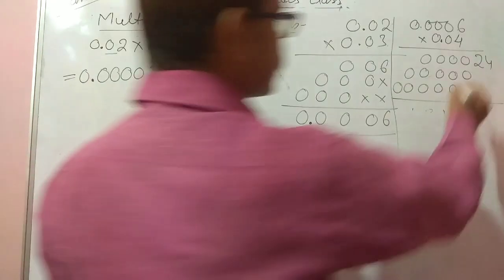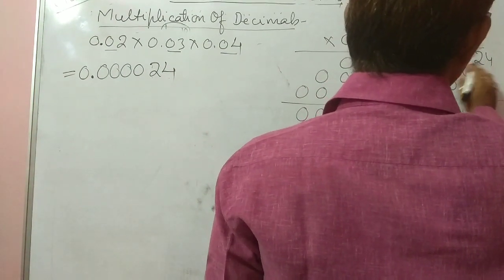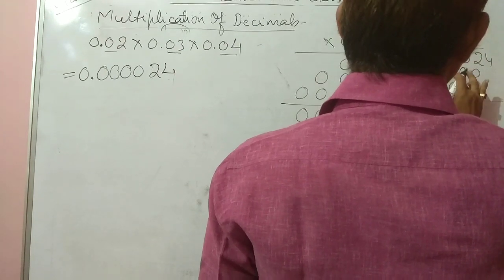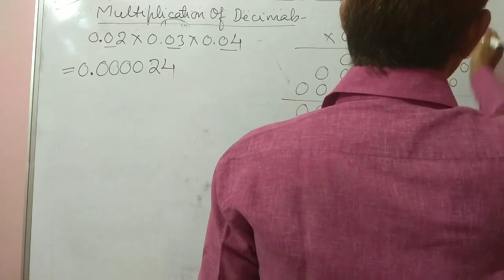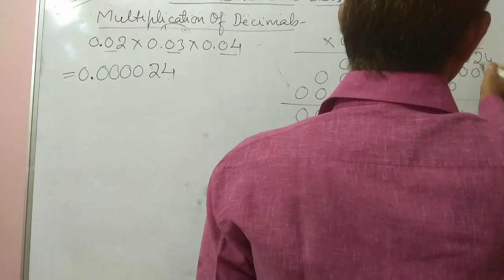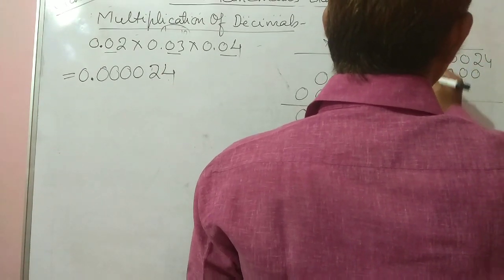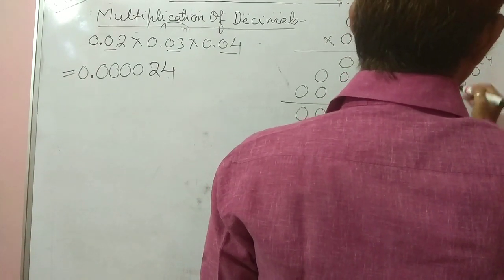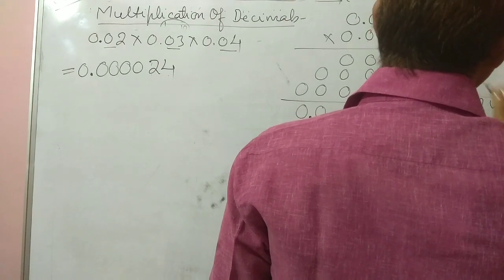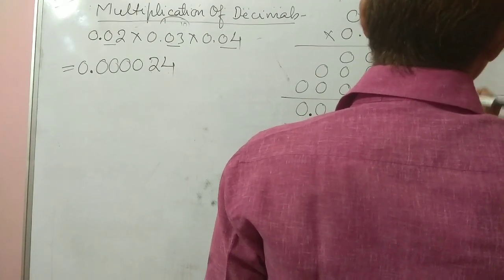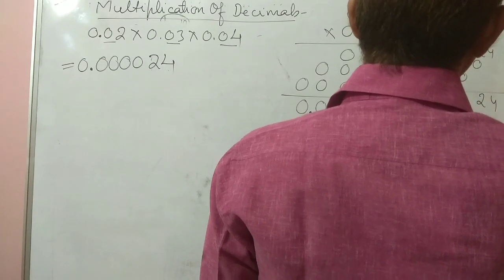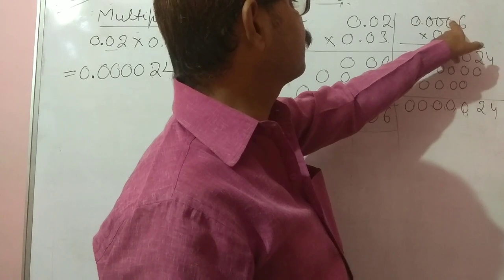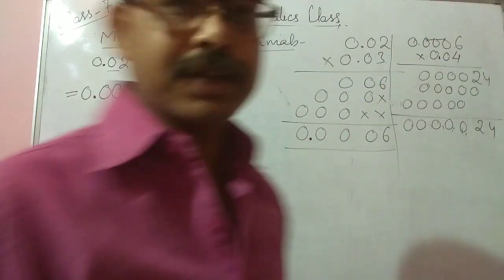So this will be 24. Now, how many digits are there? 1, 2, 3, 4, 5, 6. In total there are 6 digits.